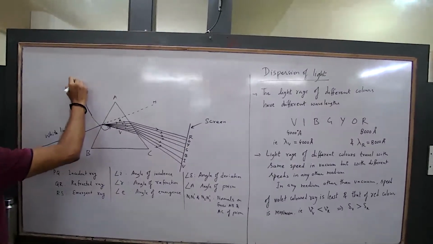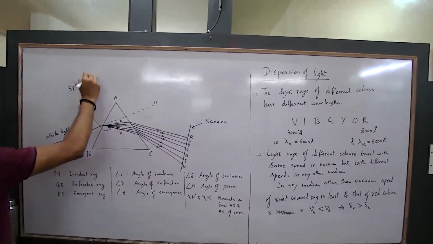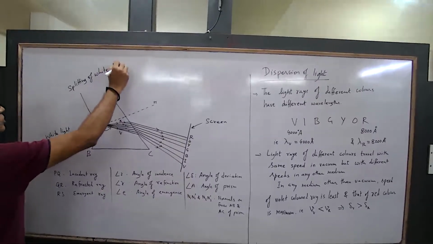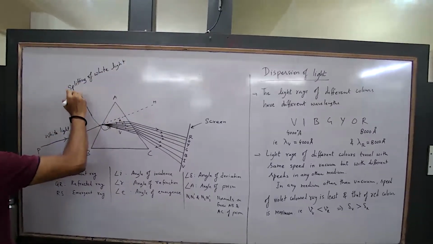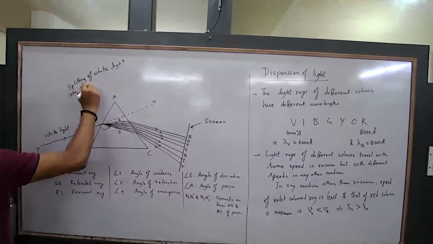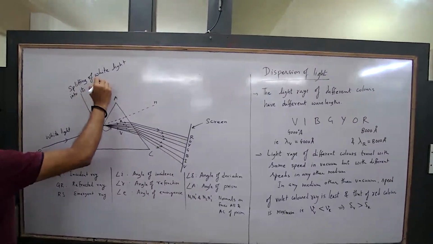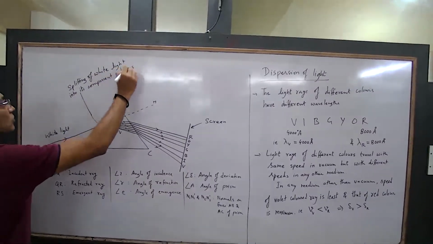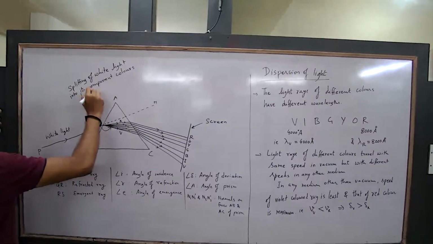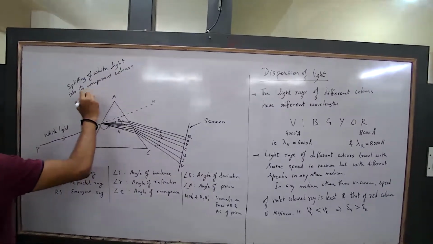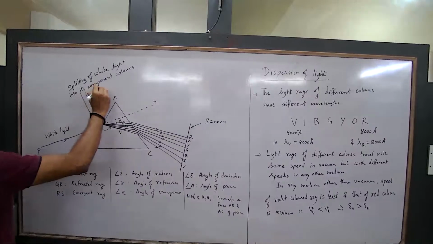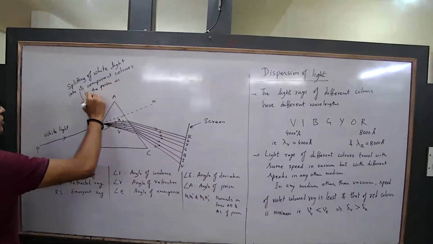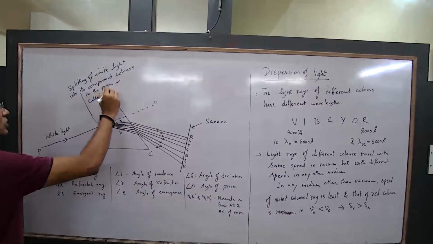Splitting of white light is called dispersion of light.